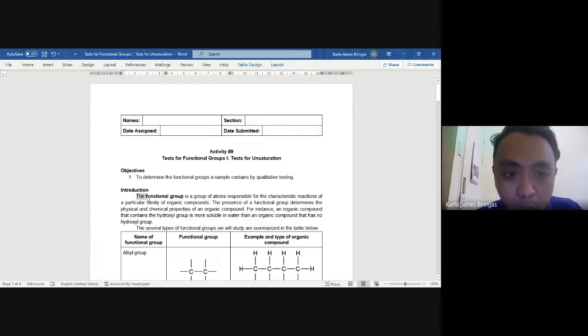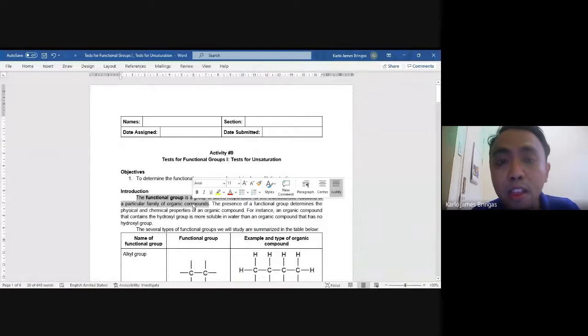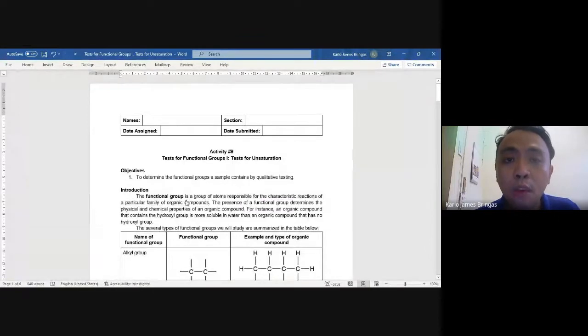So now at this point, we move to our organic chemistry. Organic chemistry is a very big field of study. So to be able to navigate it, we divide all of the organic compounds by looking at their functional groups.